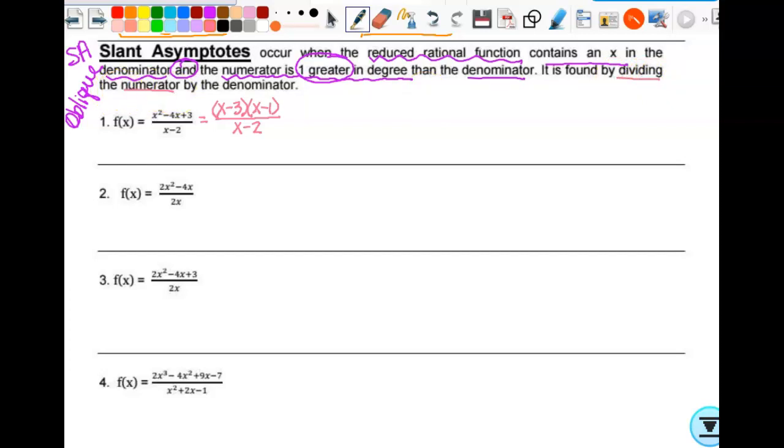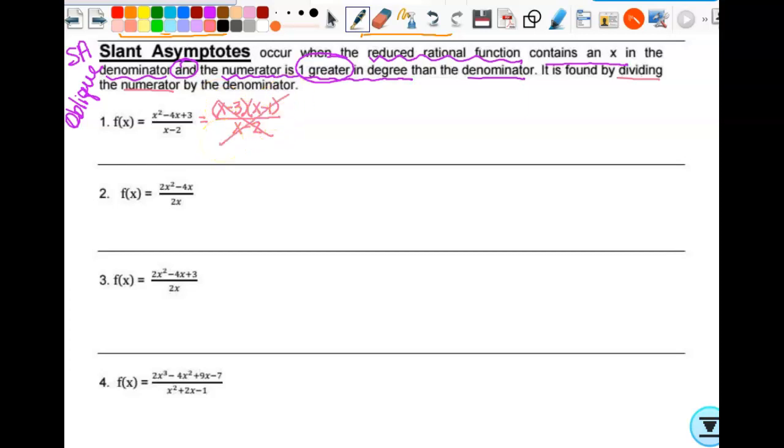So how do we divide polynomials? What are our options? Have we divided polynomials? It was on your last test. What are our 2 options on how to do it? Long division and synthetic division. Okay. Long division and synthetic division. If I'm going to do long division or synthetic division, I don't want the factored form.